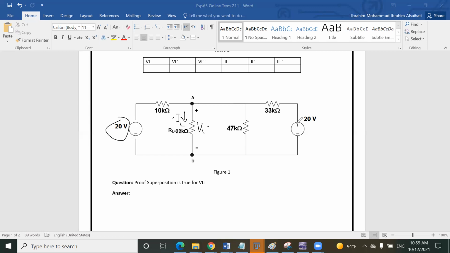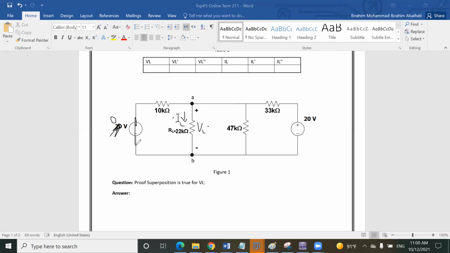We know that if we want to deactivate a voltage source, we replace it by a short circuit. And if we want to deactivate a current source, I replace it by an open circuit. Some of you will come here and put this one at 0. This is ideally not correct. So in the experiment, if you do it this way, you will get the wrong result.